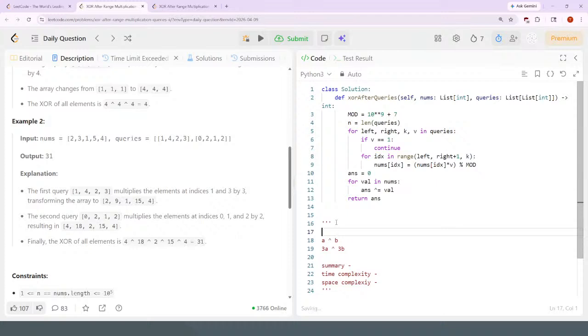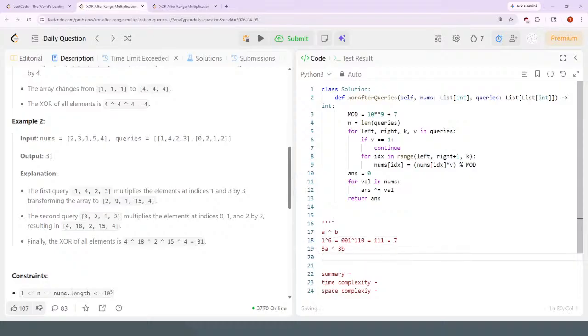I guess I'll just test some values to see what comes up. So what values to test here? Maybe 1 XOR 6. 1 XOR 6 is going to be 0, 0, 1 XOR 1, 1, 0, which equals 1, 1, 1, which is 7.